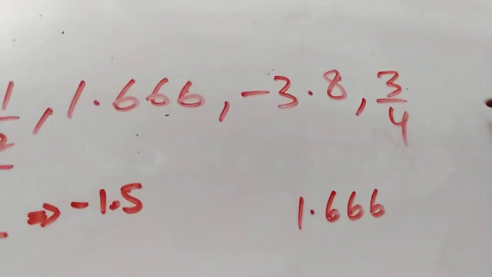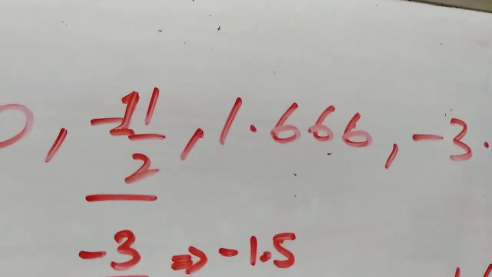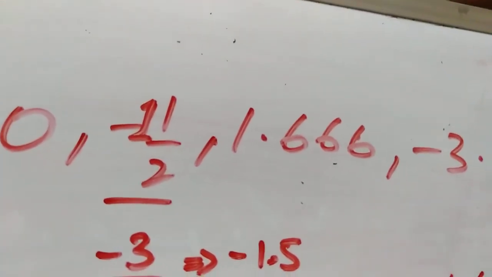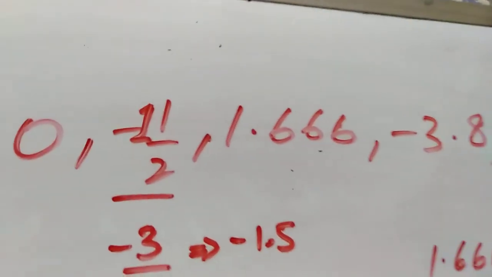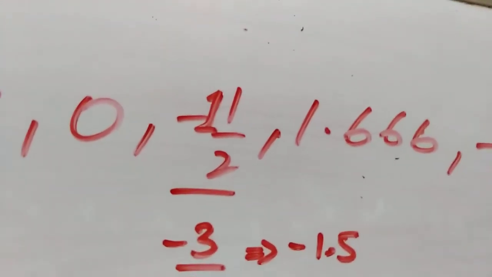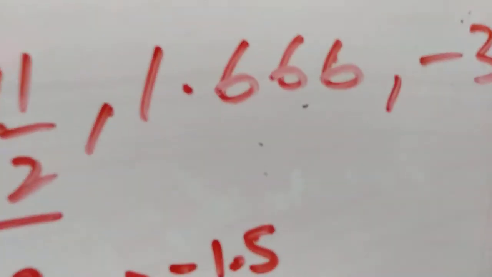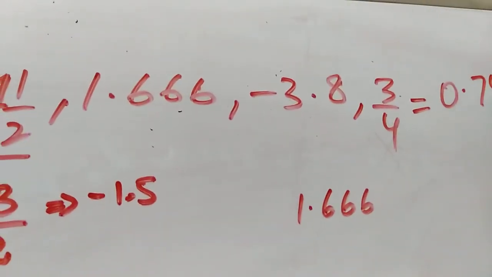Now it's time for 3/4. 3/4 is equal to, when we divide 3 by 4, 0.75.